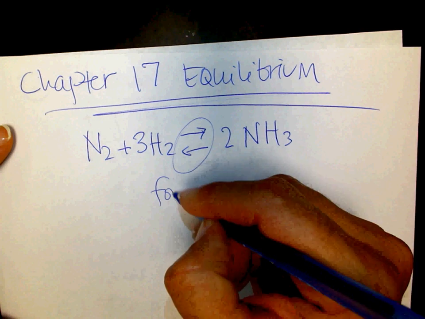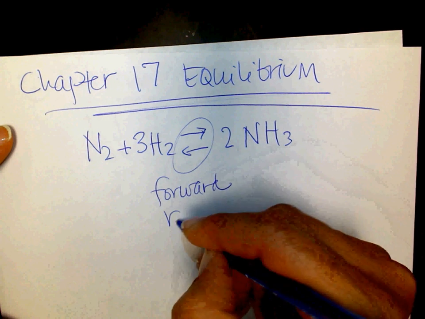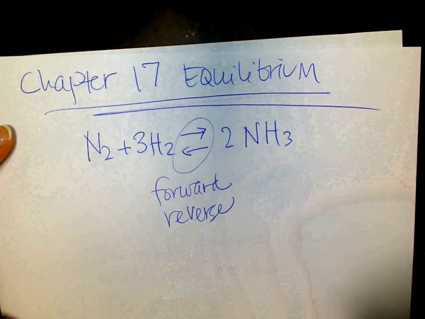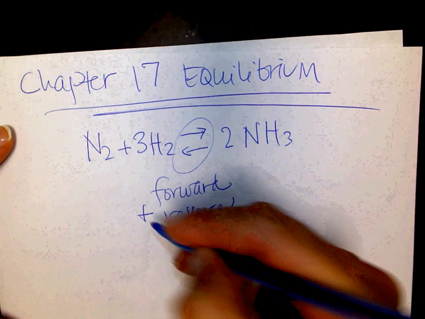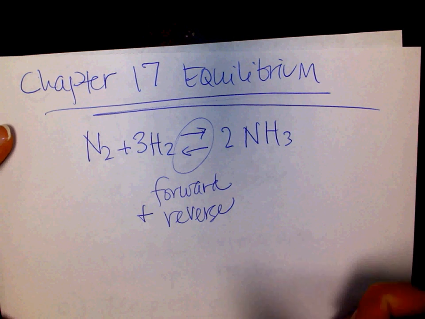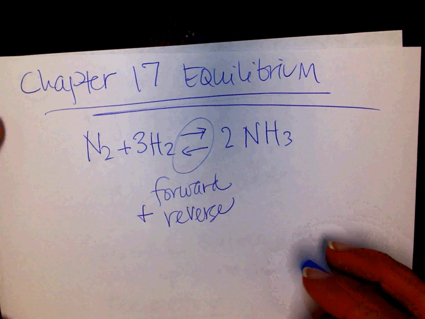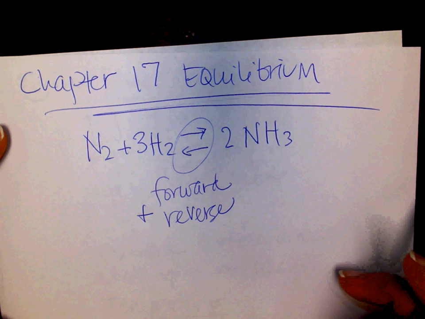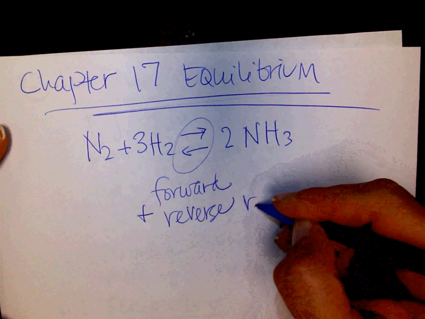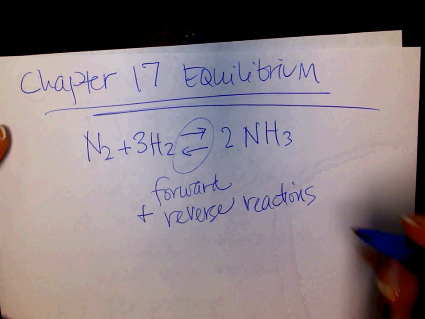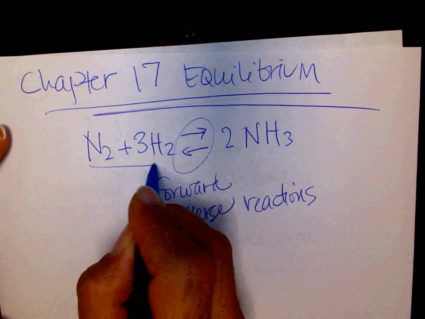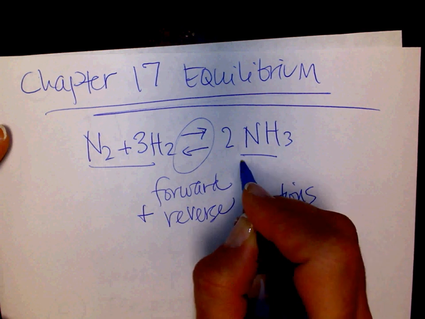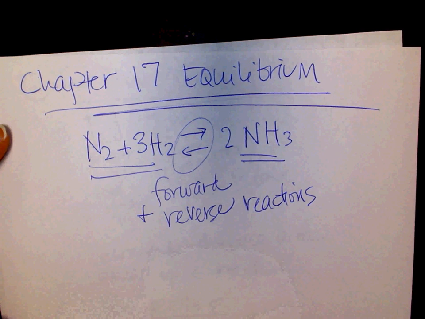There's a forward reaction and a reverse reaction. As I go over this, there will be things you will be able to do on the assignment sheet as a result of listening to this. We have forward reactions and reverse reactions. We have reactants that make products, and the products can turn around and make reactants.